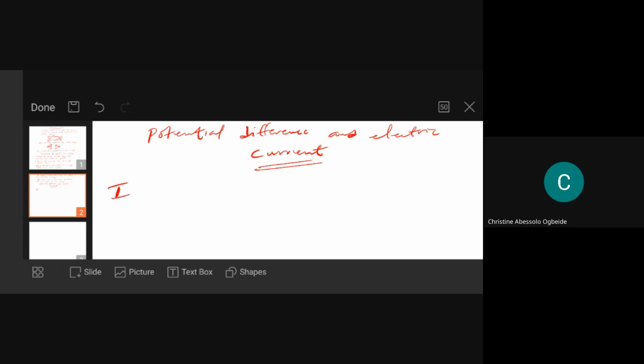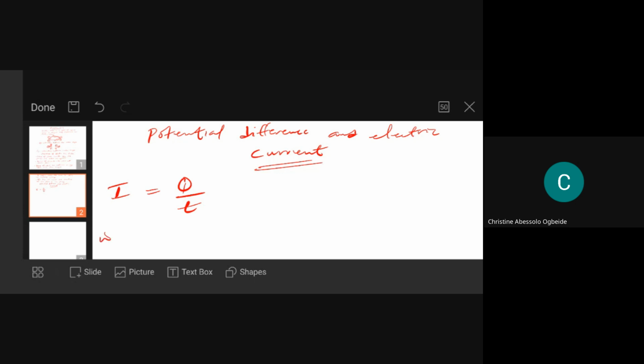And if I'm to write this definition mathematically, we can say that I, which is current, is equal to charge Q divided by the time t taken for the charge to flow. So this is how we calculate current in an electric circuit, or the current flowing along a conductor, if I know the charge is in coulombs and the time always in seconds.